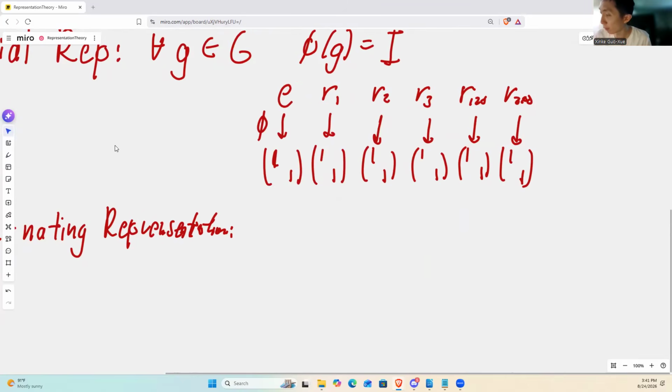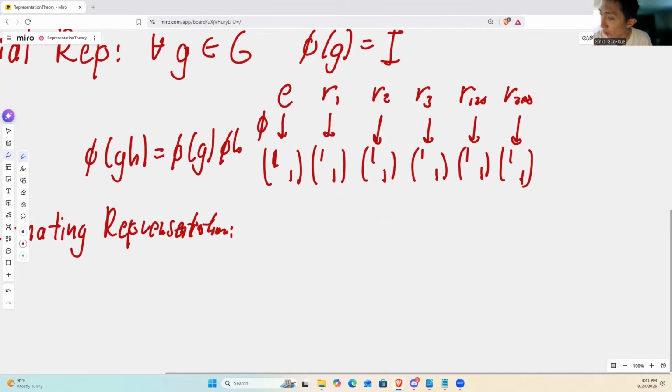So yeah, you can check that this satisfies phi of gh is phi of g phi of h. So that's what it means to be a homomorphism.